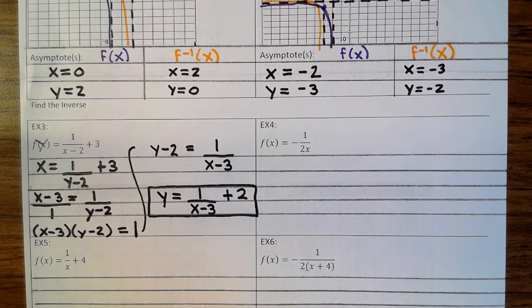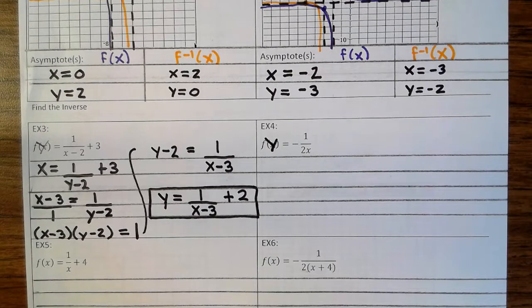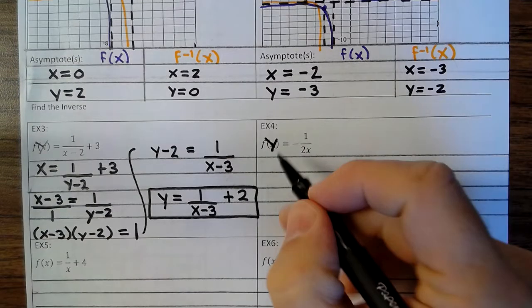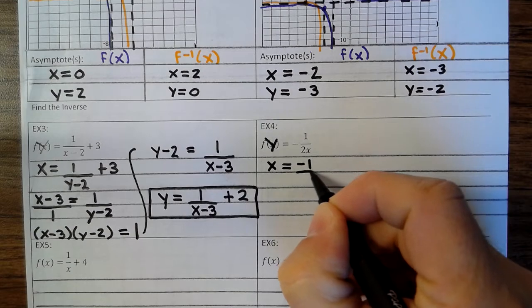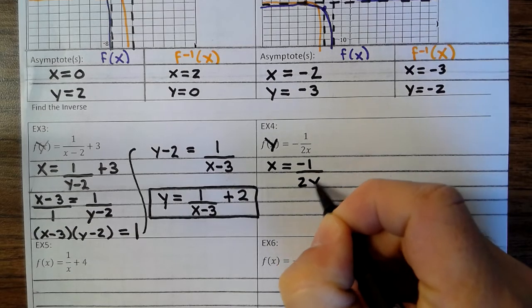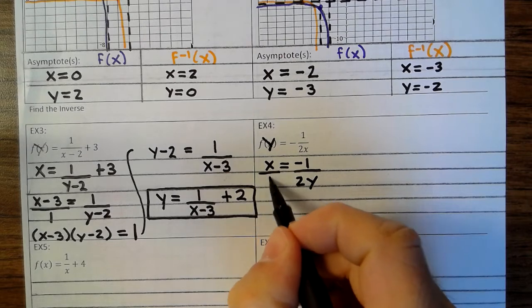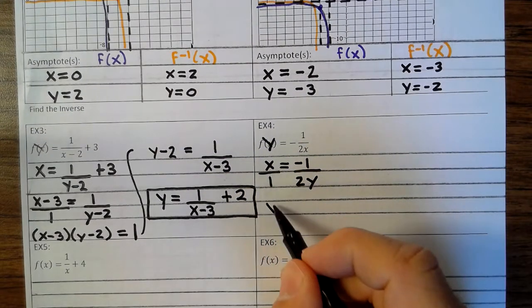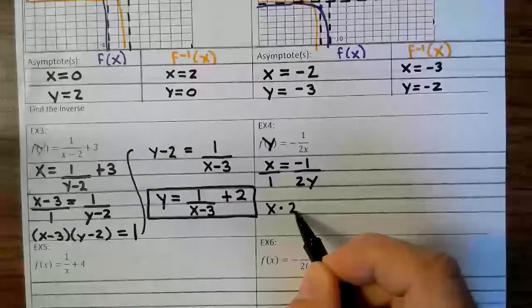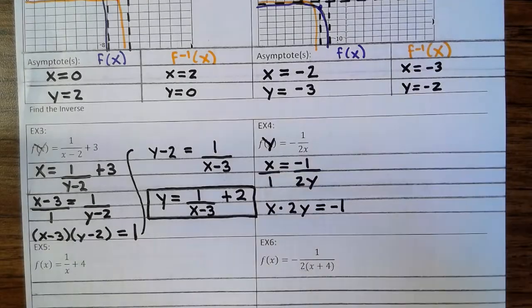All right, let's take a look at example 4. Okay, so we're going to change f of x to y and then switch x and y. So x equals negative 1 divided by 2y. Now we're going to divide this by 1 and cross multiply. So you have x times 2y equals negative 1.